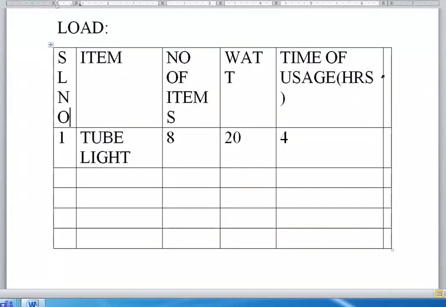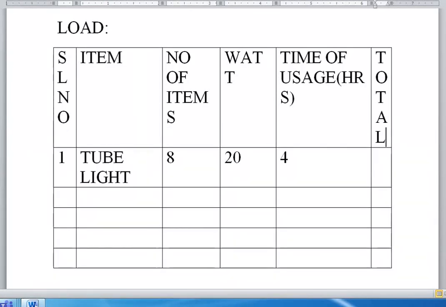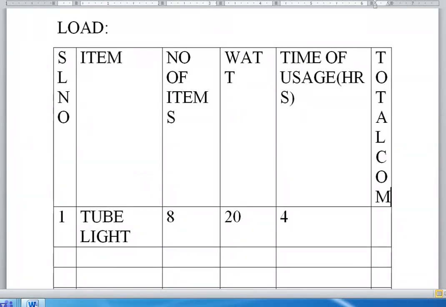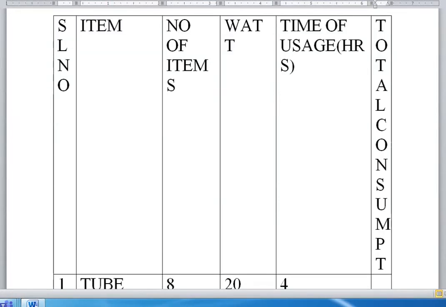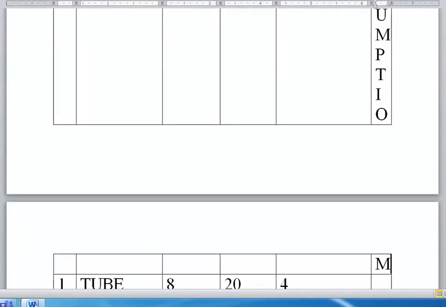So here you have one more column. Here you will have the total consumption, or you can call it as load, total load.